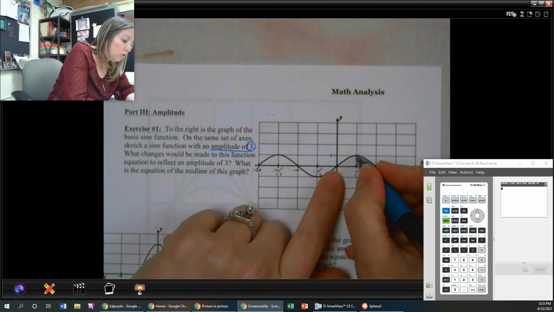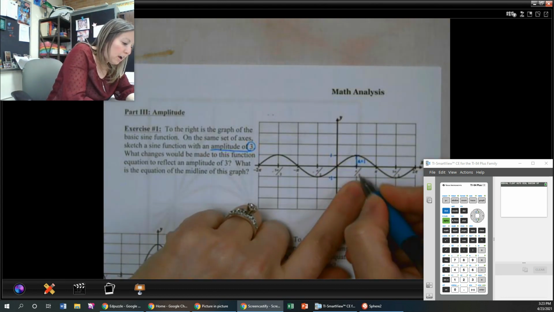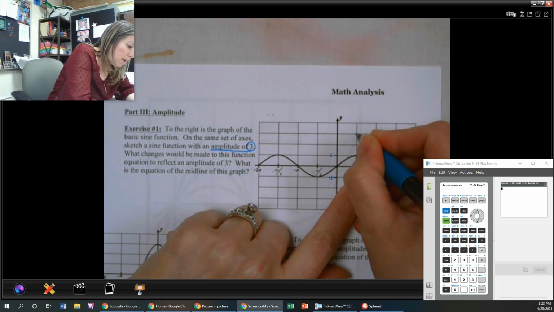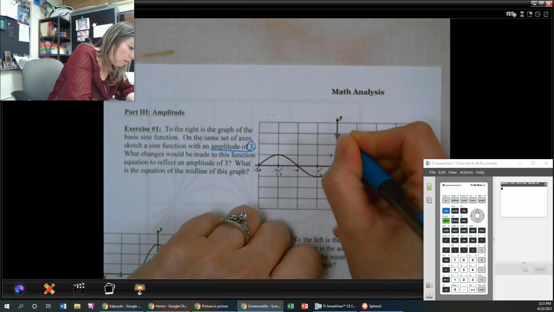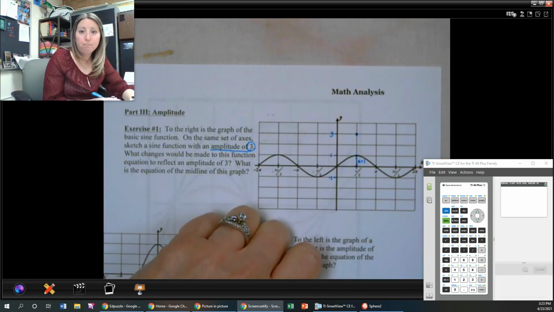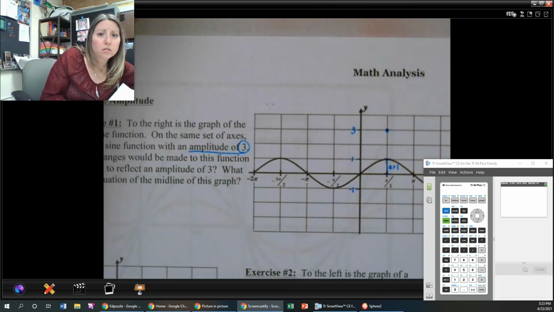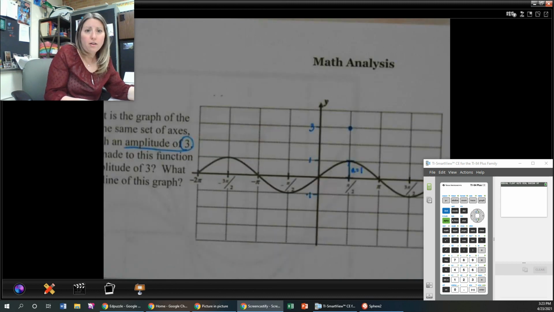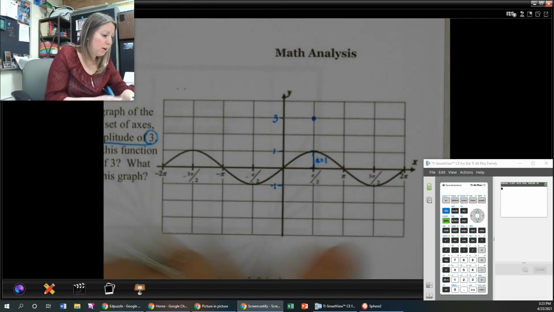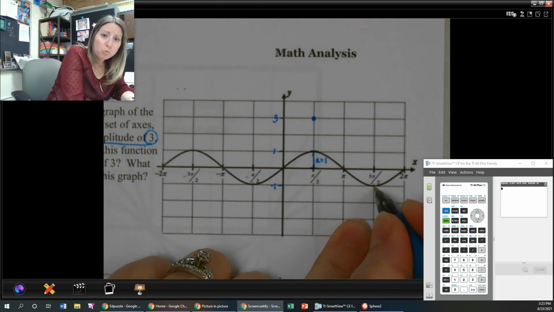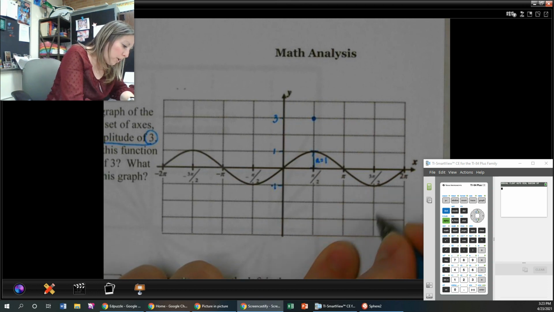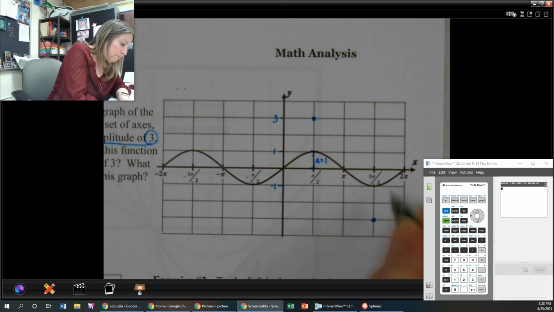So what I'll do is at pi over 2, where my maximum usually is, I'll go all the way up to 3 with it. And at 3 pi over 2, where my minimum would usually be, I'll go all the way down to -3 with it.